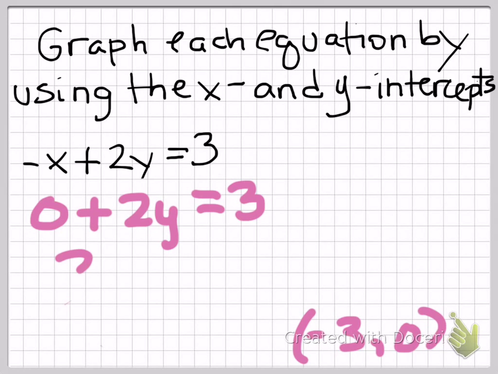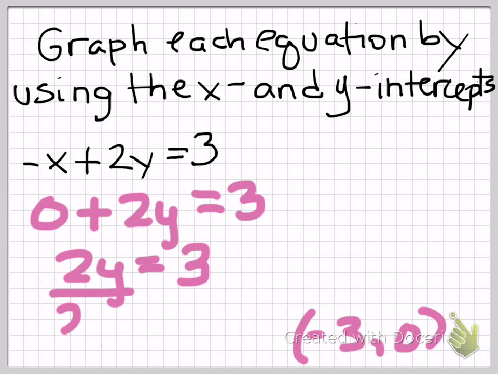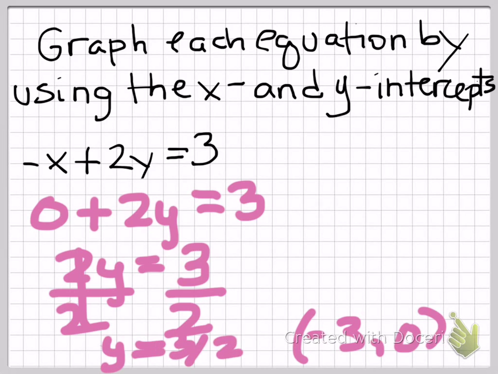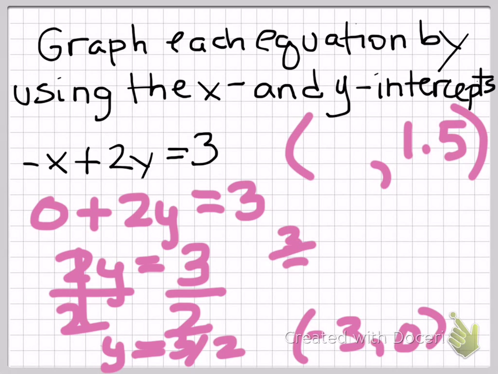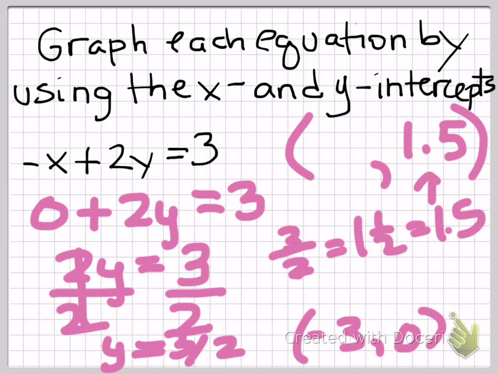So 0 plus 2y is just 2y equals 3, and I would divide by 2 to get y by itself. So y is 3/2, or you can write that as 1.5, because 3/2 is the same thing as 1.5. That's going to be my y-coordinate, and then 0 is my x-coordinate.